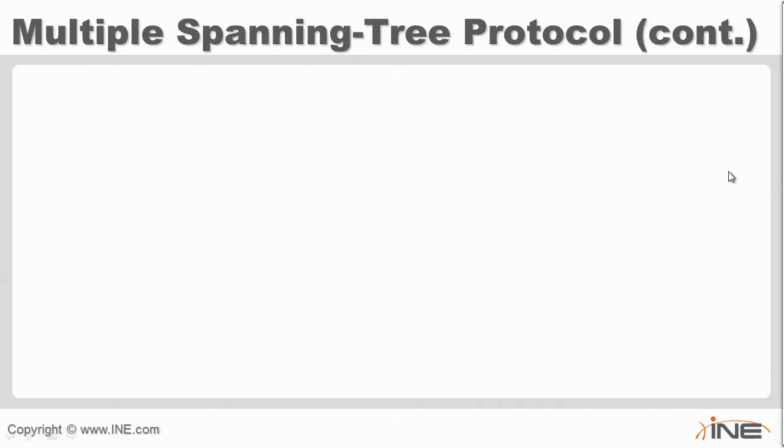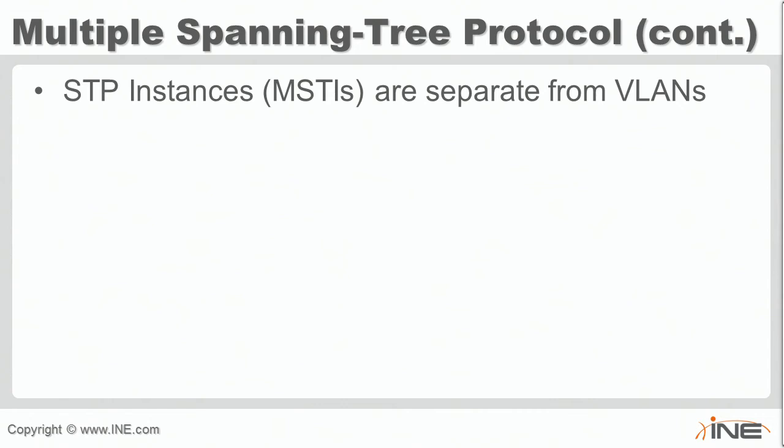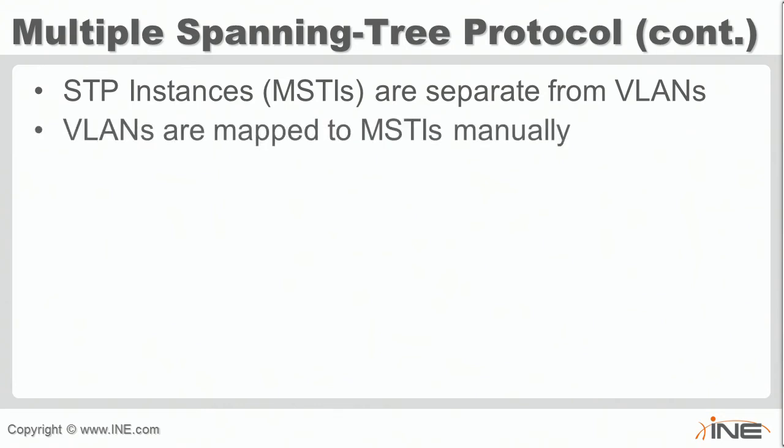So again, with this variation, the multiple spanning tree, which is sometimes called the MST or the MSTP, the idea is that we're separating the instances of spanning tree from the VLANs. There are now 2 separate entities that we're going to deal with. And in order to design this, we then need to choose how the spanning tree relates to the VLAN.